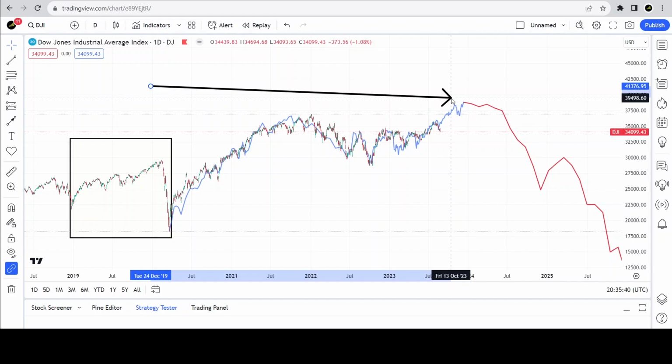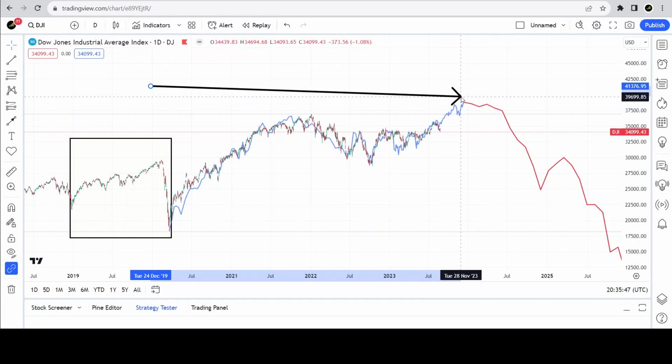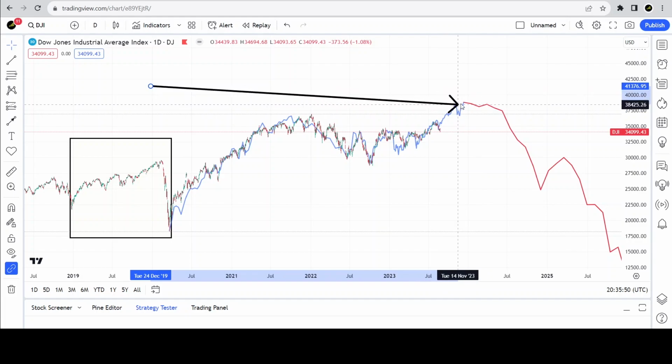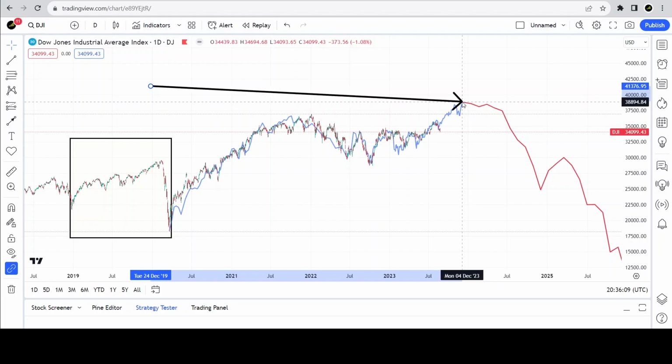So I am going to use the Dow Jones as the center clock, and because of that, I'm going to tie it to the peak potentially being here. Now, it could be here, it could be here. We don't know. That will be revealed once it materializes. But for this speculative video on timing, we're going to assume it is around here.